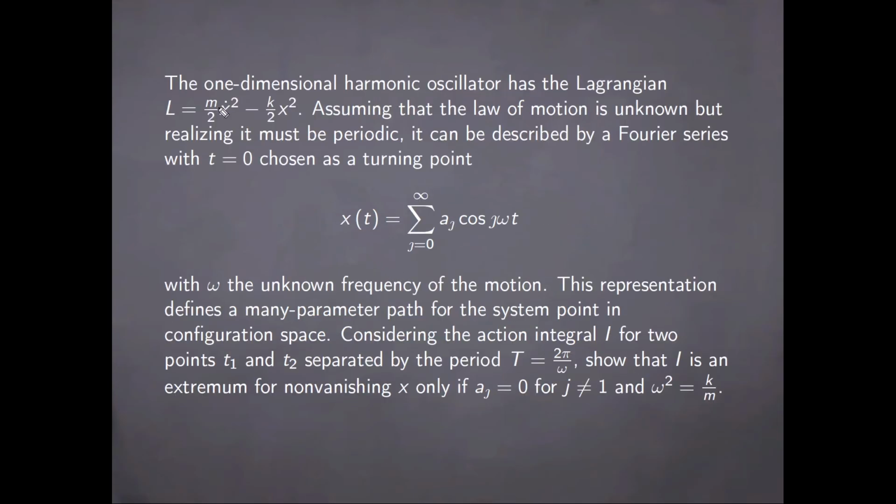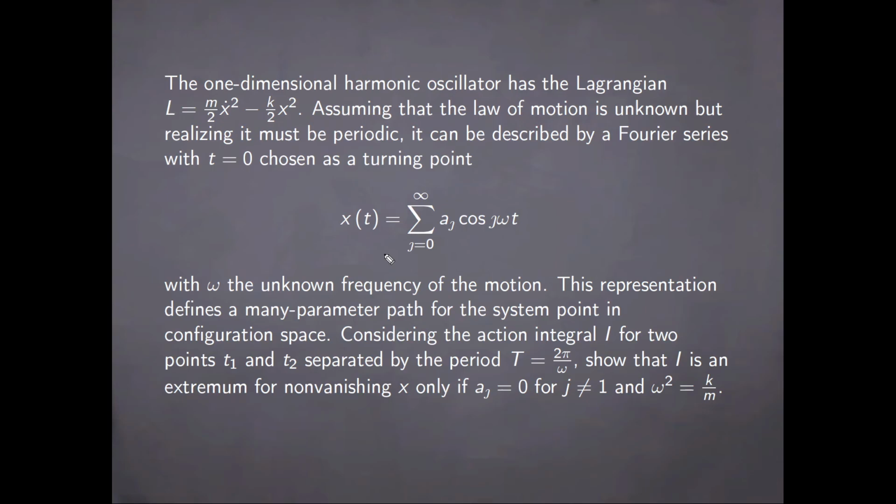And finally, we are going to discuss a problem where we are considering a one-dimensional harmonic oscillator having the usual Lagrangian, and we are to assume that the law of motion is unknown, but we realize that it must be periodic, and as such it can be described by a Fourier series with t equals 0 chosen as a turning point, with omega the unknown frequency of the motion.